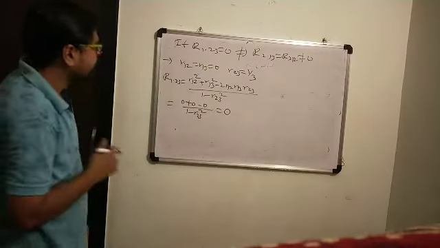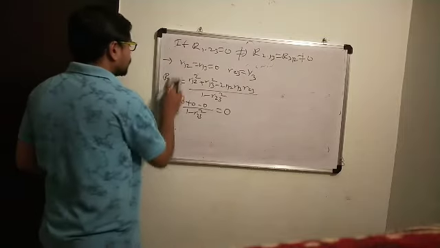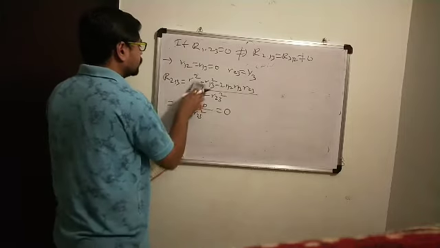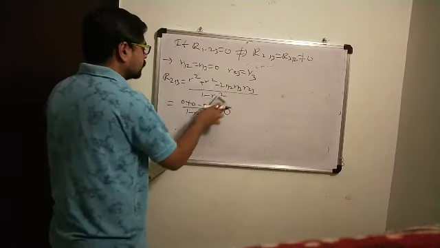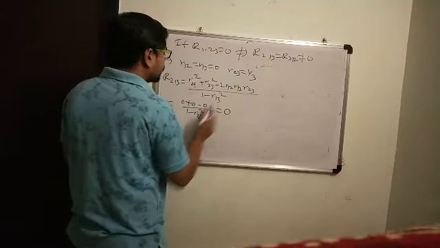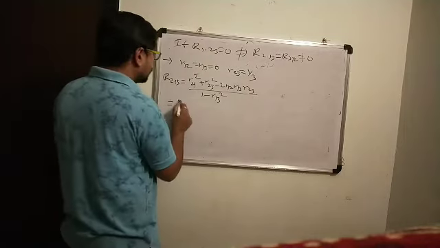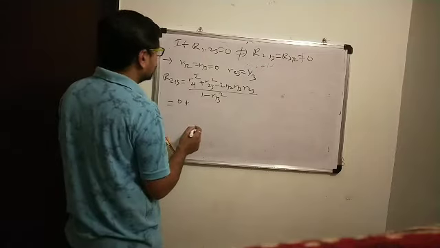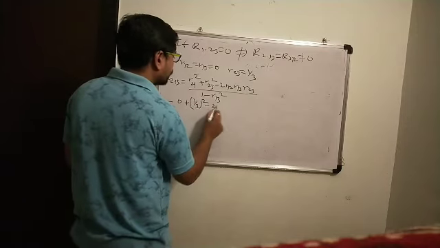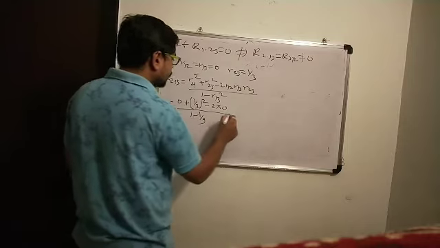Now check what R2.13 is. R2.13 is given by the square root of R21 square plus R23 square minus 2 times R12, R13, R23 divided by 1 minus R13 square. So R12 is 0, plus R23 square is 1 by 3 square, minus 2 into R12, R13, which is 0, divided by 1 minus 1 by 9.